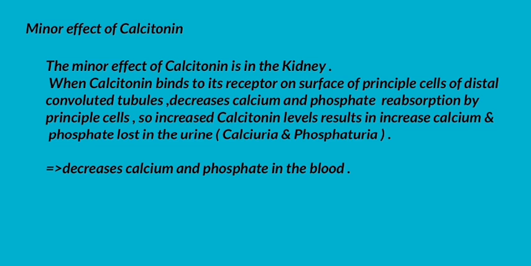So increased calcitonin levels result in increased calcium and phosphate loss in the urine. It means we will have calciuria and phosphaturia, so that decreases calcium and phosphate in the blood.